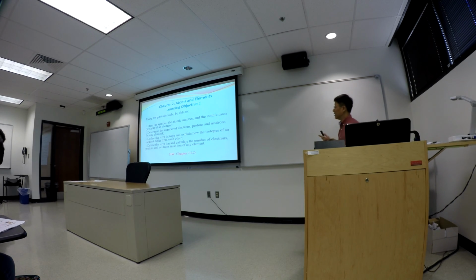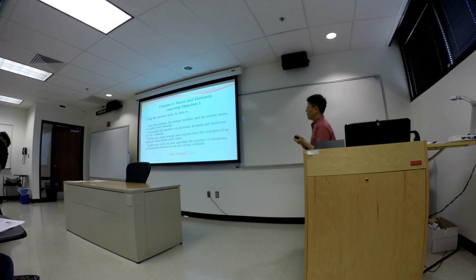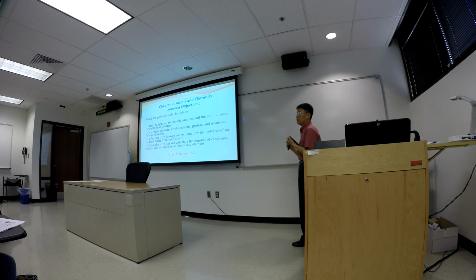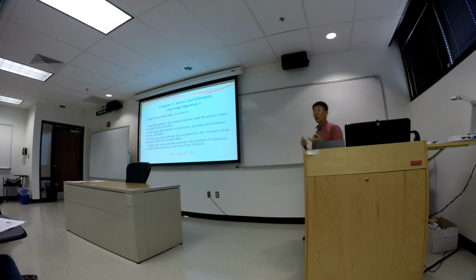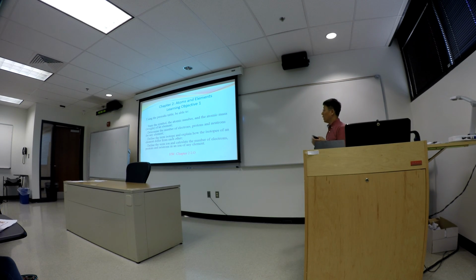And then lastly, the first learning objective is to define the term ion. What is an ion? When you see the term ion, it has something to do with electrical charges. So we need you to know how we define ion and how to figure out the number of protons, electrons, and neutrons in an ion or a neutral element, in an ion of any element.